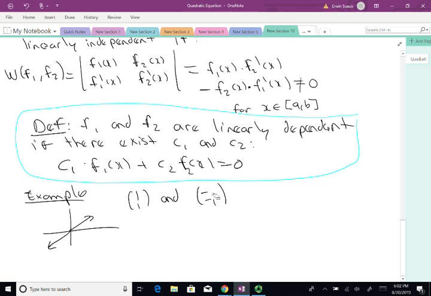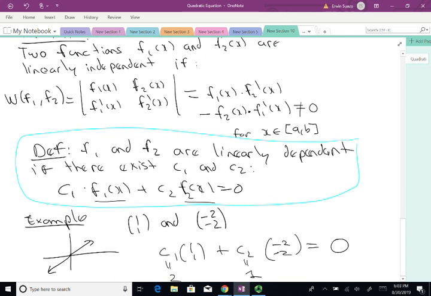Let's put minus 2 minus 2. So I have 1 1. I need to find two constants such that the sum of these two gives me 0. So if I choose C1 equals 2 and C2 equals 1, that will give me 0. So they are linearly dependent. Same thing for functions, but then this becomes really hard. That's why it's better just to use the theorem.